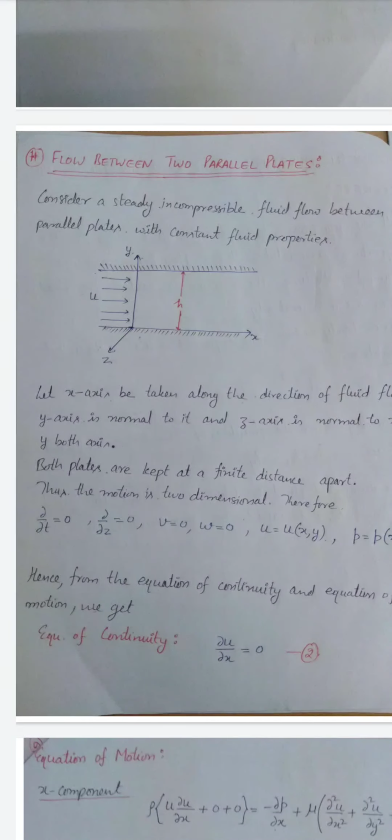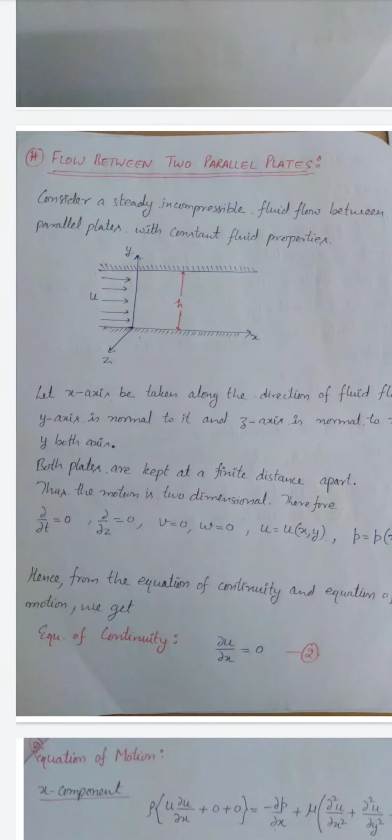And therefore, the equation of continuity becomes, students, ∂u/∂x is 0. On integrating this, we get u is a function of y only. And the equation of motion, you know, students, ρ Dv/Dt is equal to −∇p plus μ∇²v. Or in component form, Du/Dt is the material derivative.